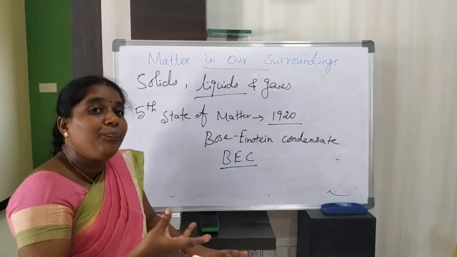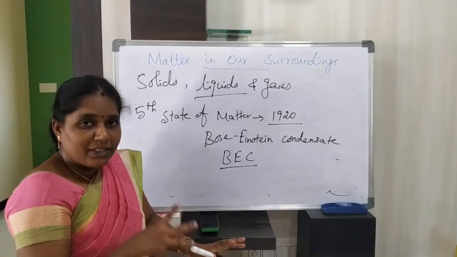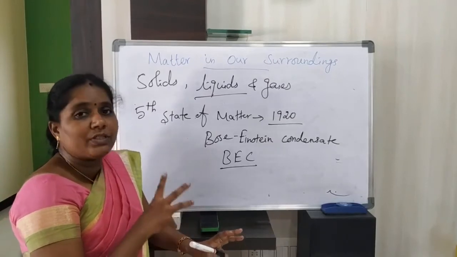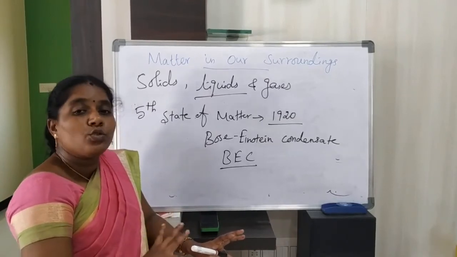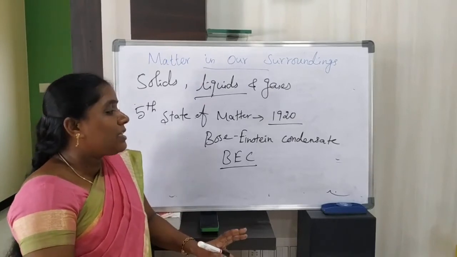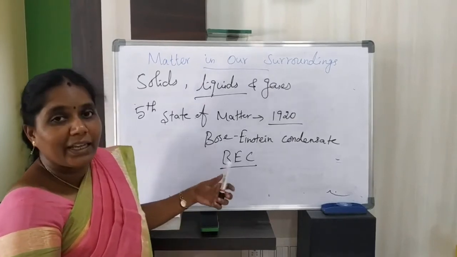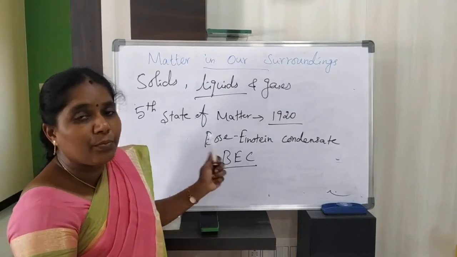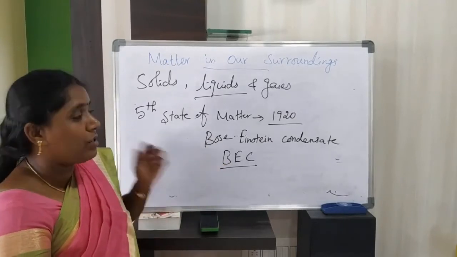He reduced the density compared to normal air, 100,000 times. Because of this condition, he prepared this Bose-Einstein condensate, that is super cooled matter, BEC. Super cooled matter, he called it BEC, Bose-Einstein condensate, in 1920.